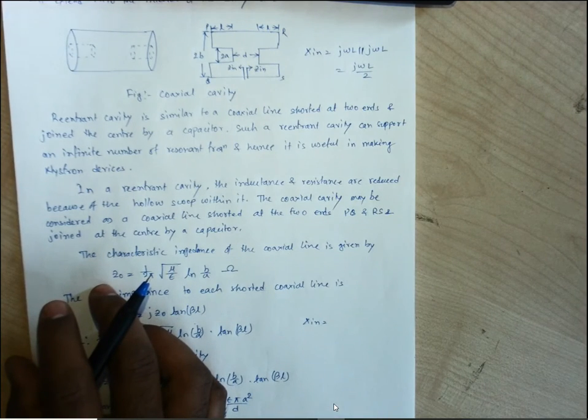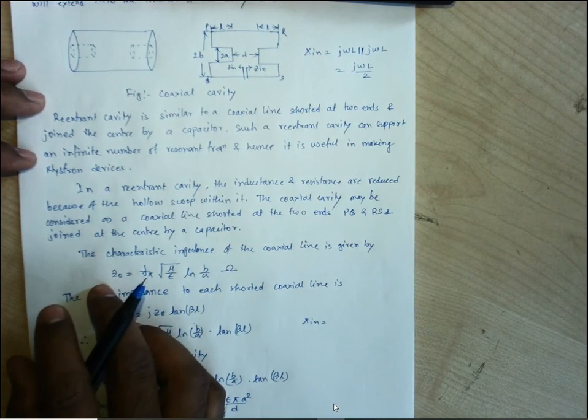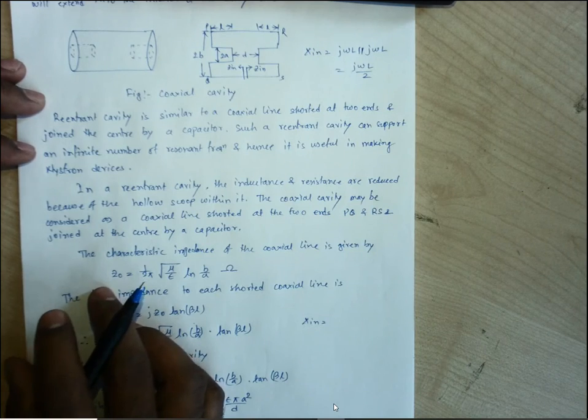So at resonance, the inductive reactance of the two shorted coaxial lines in series is equal to the magnitude of the capacitive reactance of the gap, right?